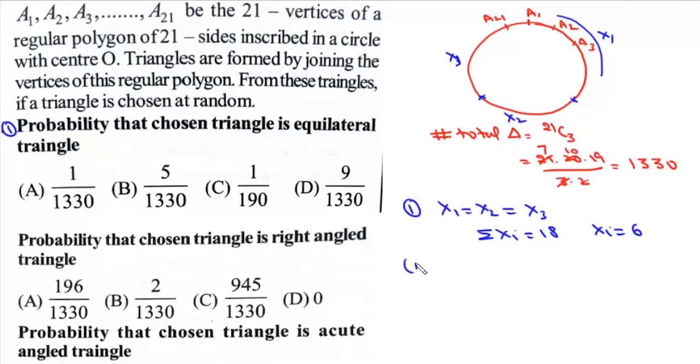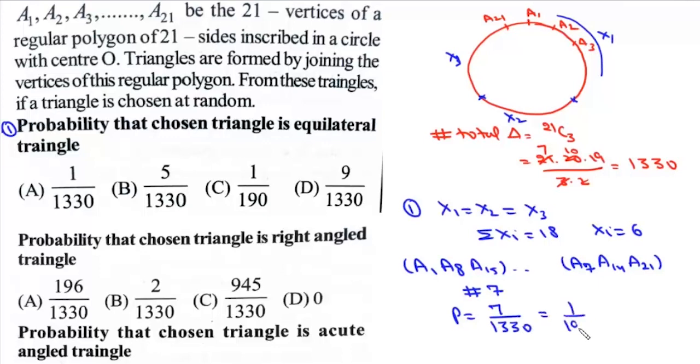So we have this combination like A1, A8, A15, and we'll go all the way from A1 to A7, A7, A14, and A21. So altogether we have 7 cases in which an equilateral triangle is formed. So this required probability will be 7 upon 1330, which is basically 1 by 190, and that's your option C.